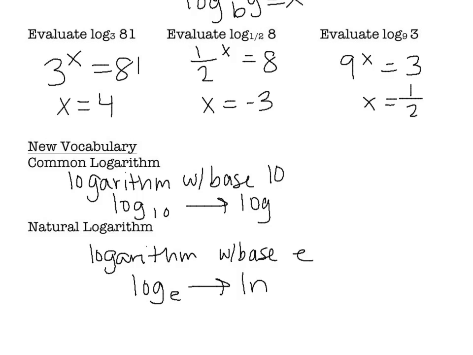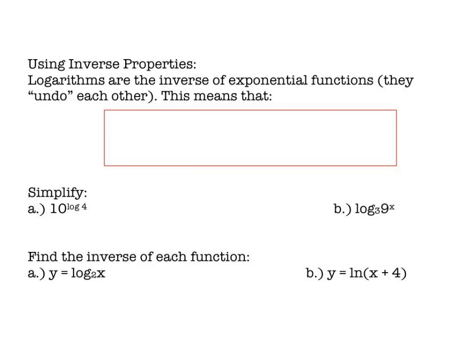All right, next we will talk about using these inverse properties. So logarithms are the inverse of exponential functions, or they undo each other. So this means a couple of things. So first of all, g of f of x, or log base b of b to the x, is equal to x, because this would just be saying b to the x power is b to the x.